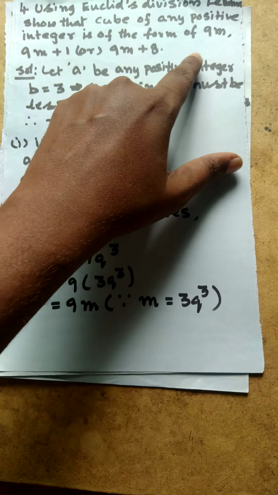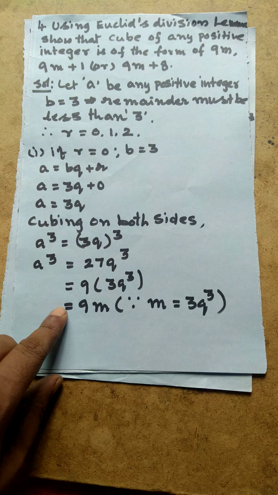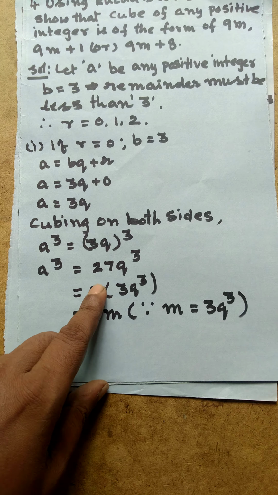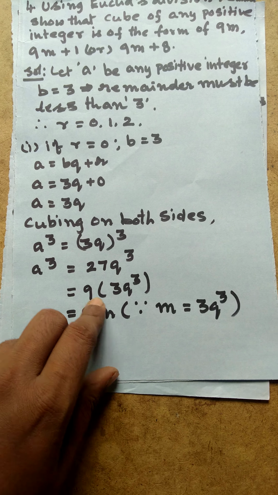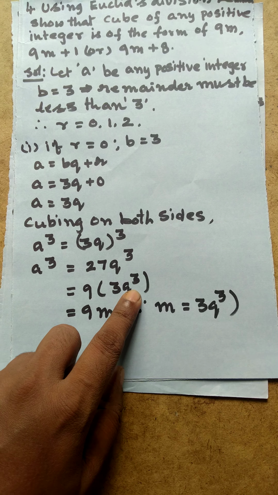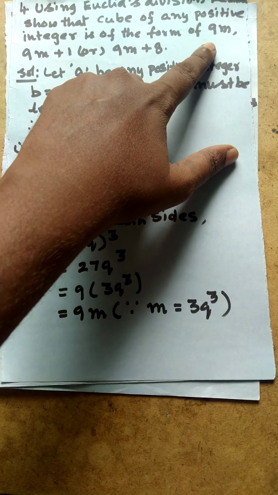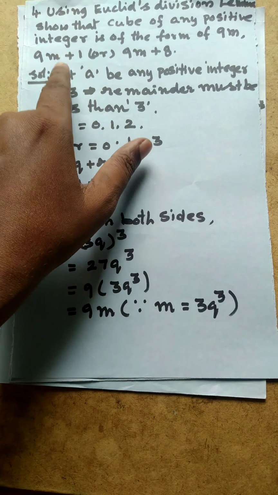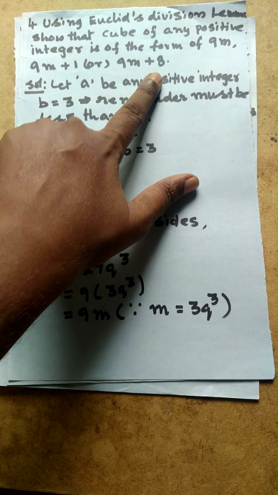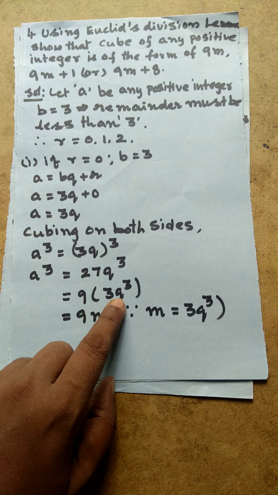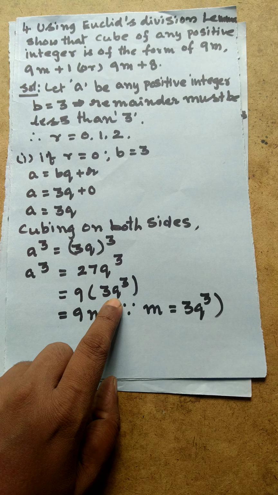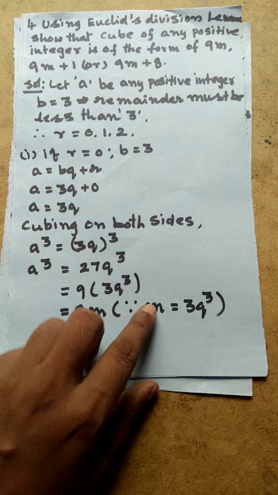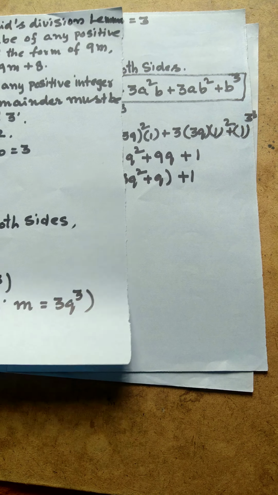Here we must show it in the form of 9m, so taking 9 as a common factor, it becomes 9 into 3q cube. But the question is not in the q form, it is in the m form, 9m plus 1, 9m plus 8. So the bracket factor, 3q cube, can be considered as m, so 9m, where m equal to 3q cube.